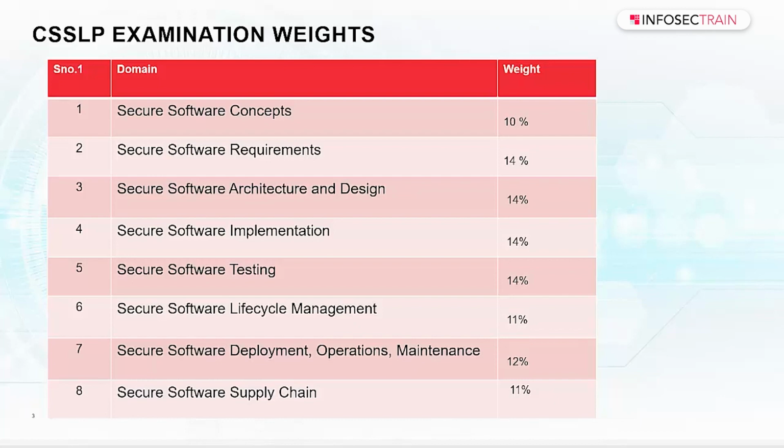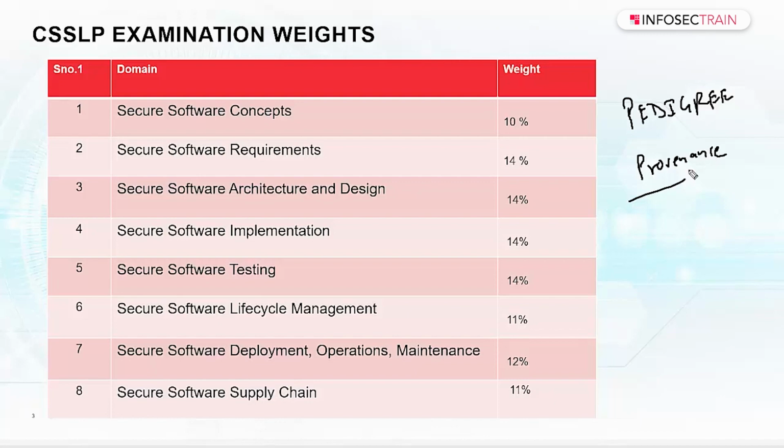We have one concept called pedigree, and we also have provenance. You need to have a good understanding of what pedigree and provenance are. It is all about the controls. Then we have the right to audit clause. What kind of contract needs to be drafted with the vendor from which you're planning to procure the applications.